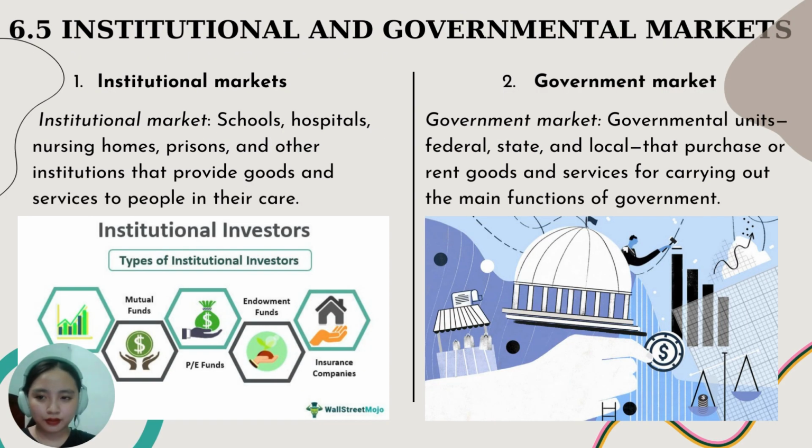So next, for 6.5, is the institutional and governmental markets. First is institutional markets. Institutional markets include schools, hospitals, nursing homes, prisons, and other institutions that provide goods and services to people in their care.